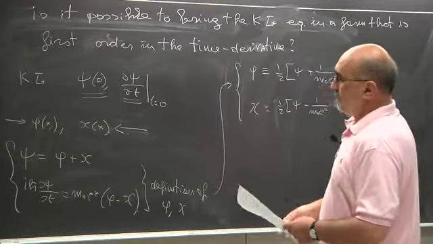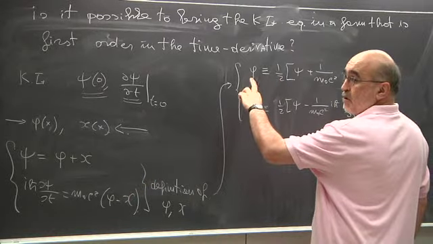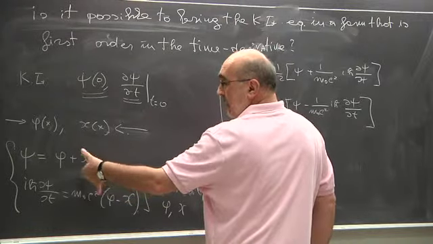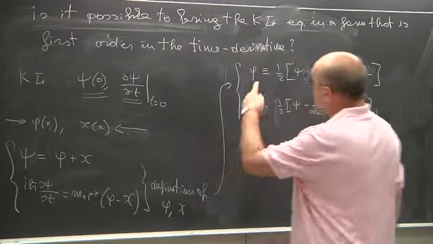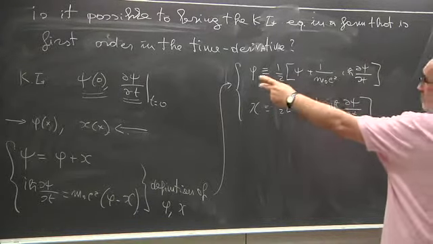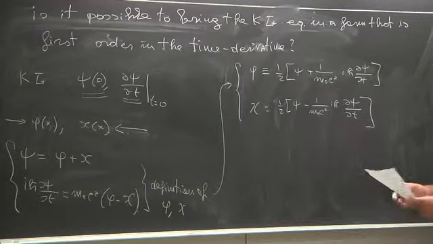So if you don't like to look at this as a definition, I just multiply by a proper factor and then add and subtract these two, and you get this. So this is the definition of these two new fields. Sorry that I insisted on that, but this is rather important.